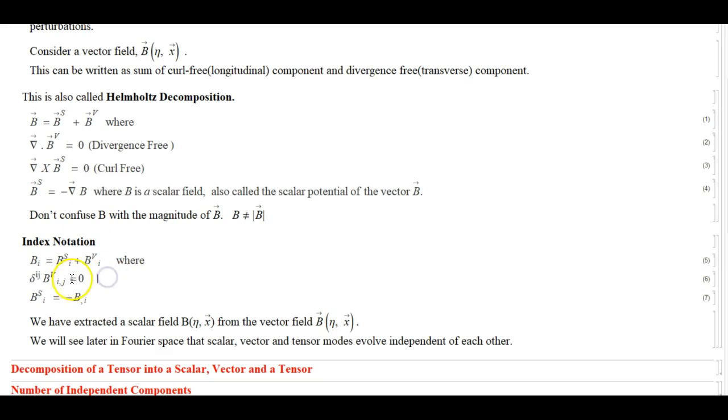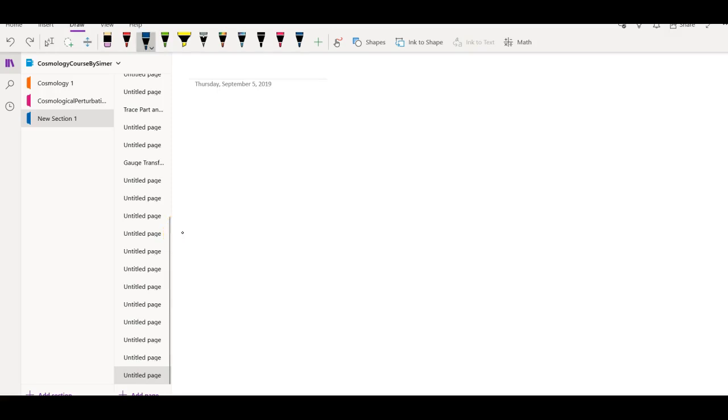And if not, then I can quickly write down the steps here. So we have del dot B_V is equal to 0. And what is B_V?